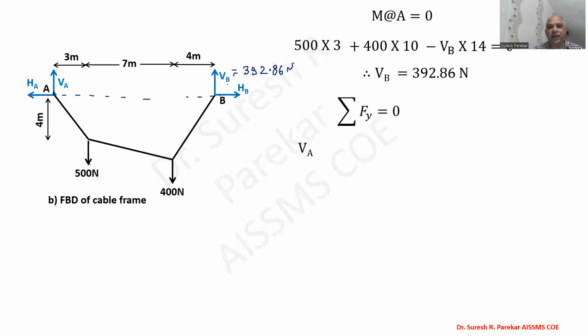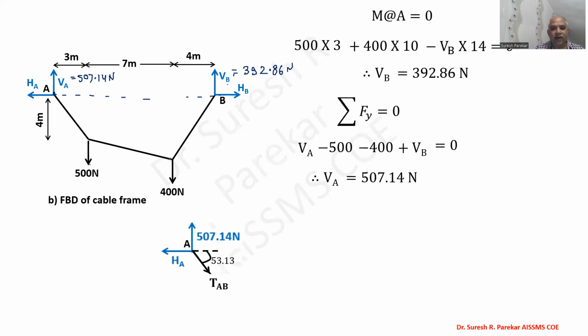Then we will simply apply summation Fy equal to 0. We have VA, then minus 500 downward, minus 400 downward, plus VB, and that is equal to 0. And then we can find the value of VA. We will get VA equal to 507.14 Newton.